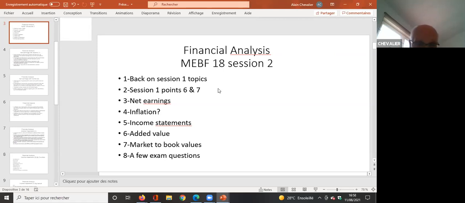We discussed net earnings and what to do with net earnings, what it means, what is signal theory. We can come back to signal theory later. What is the process of decision to allocate the net earnings? What are the consequences in terms of the accounting system and in terms of cash management?